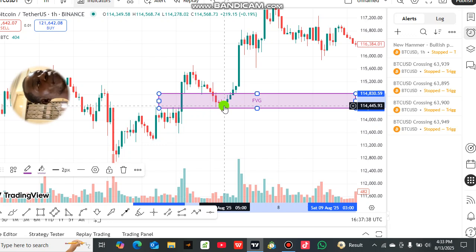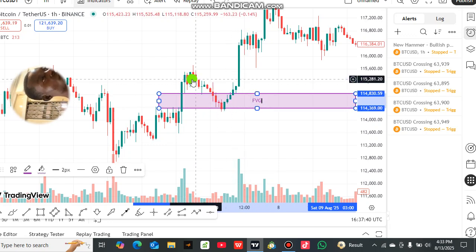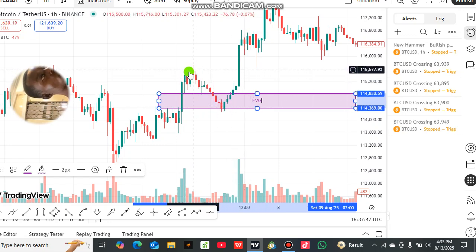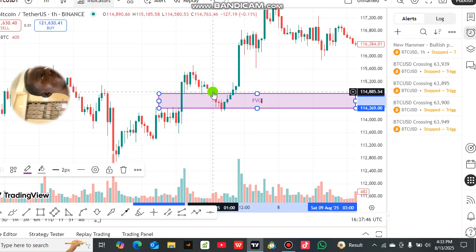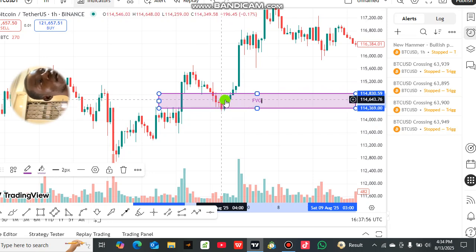So what happened was that the market pushed to this area and started moving down to ensure that the gap that was left has to be refilled. And so the market pushed all the way to retest the fair value gap to make sure that the market is balanced before the uptrend continues.